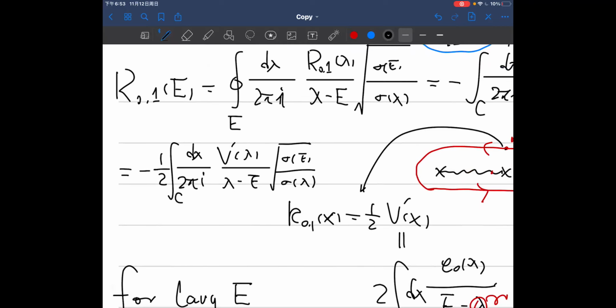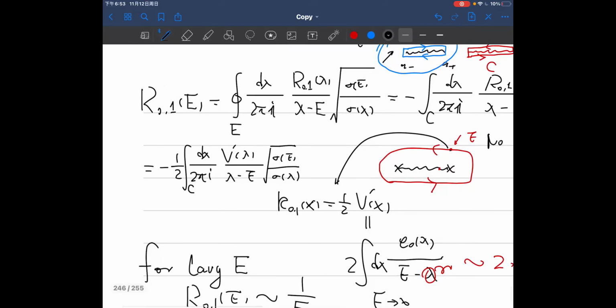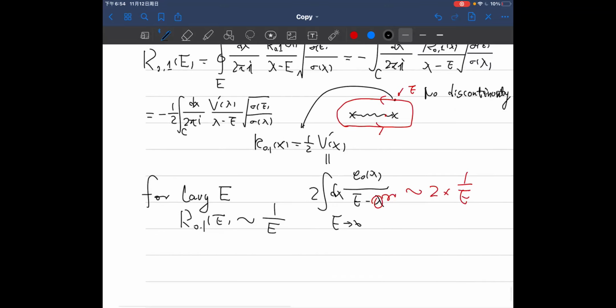So this one we can just write it as something. You can use the Taylor expansion directly because E is very large. Then you compare both sides. Then you have two equations to help us locate the positions of A plus and A minus. This is the whole story.